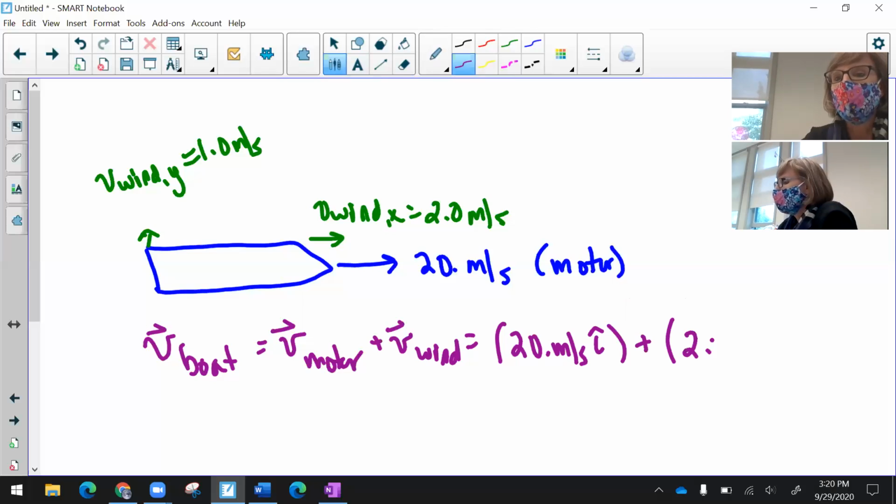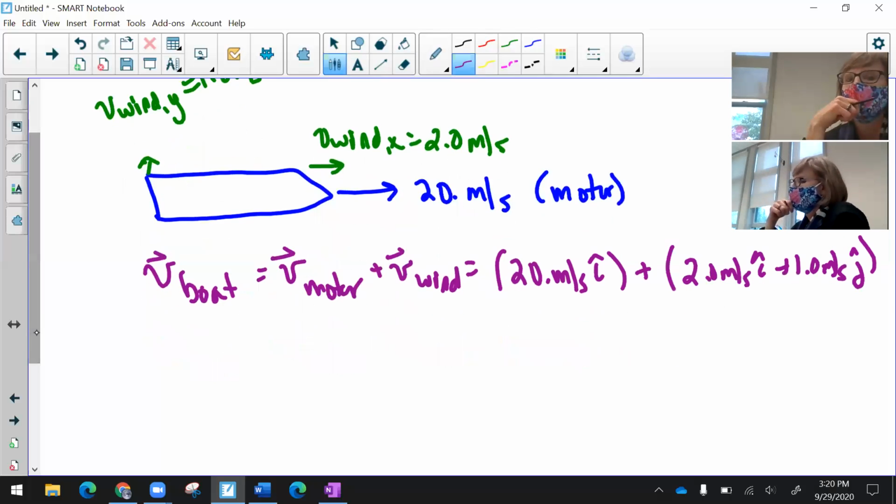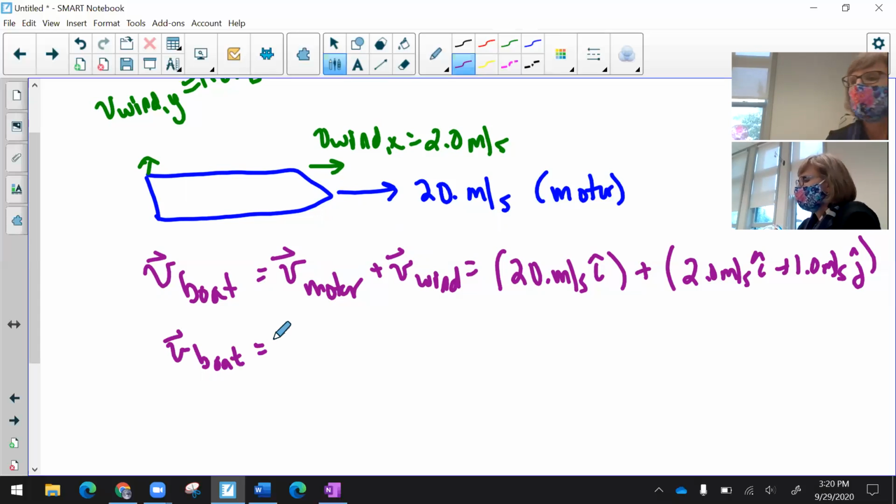And for the wind, I have 2.0 meters per second i plus 1.0 meters per second j. So I add together my i components, or my x components, and that's going to give me 22 meters per second i. And I add together my j components, so that's going to give me 1.0 meters per second j.